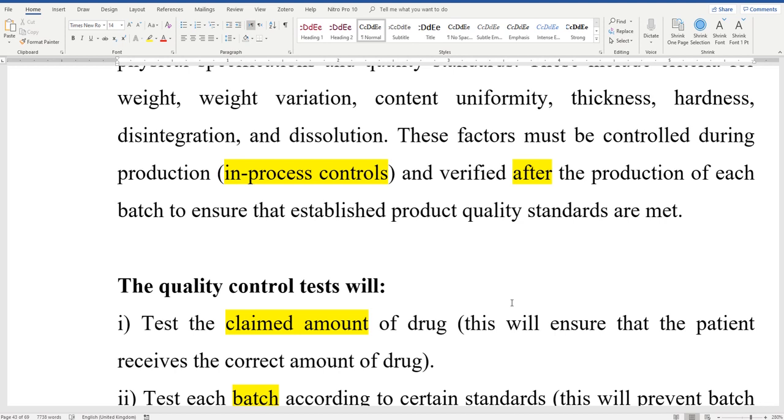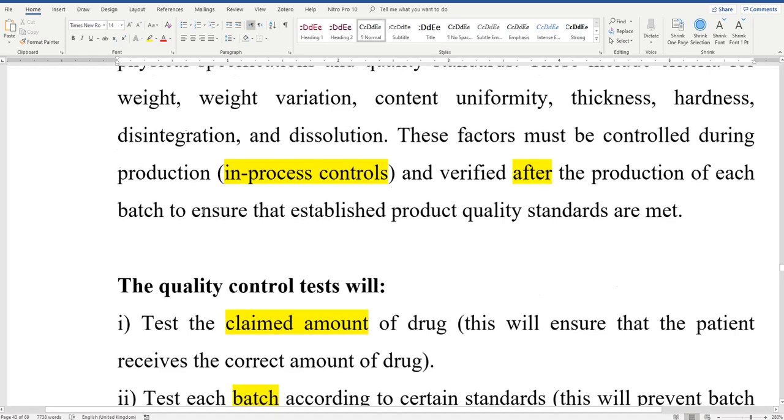Not that, for example, Panadol tablets are faster in dissolution, and then when I produce another batch it becomes slower in dissolution. No, they should have the same specification in terms of dissolution, claimed amount, uniformity of content, etc.